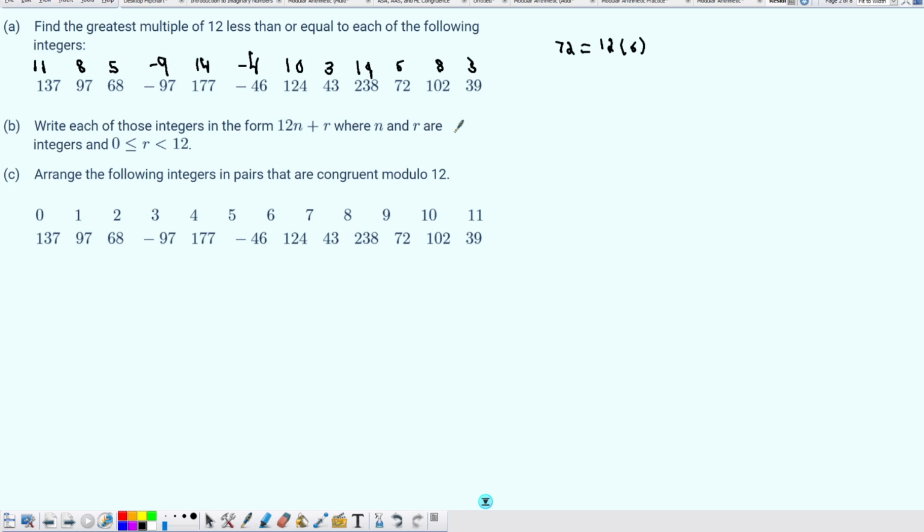And 12 times 6 is 72. So I have to add nothing to it. And again, we're listing them in forms of like, in this case, A is equal to 12n plus our remainder of r.